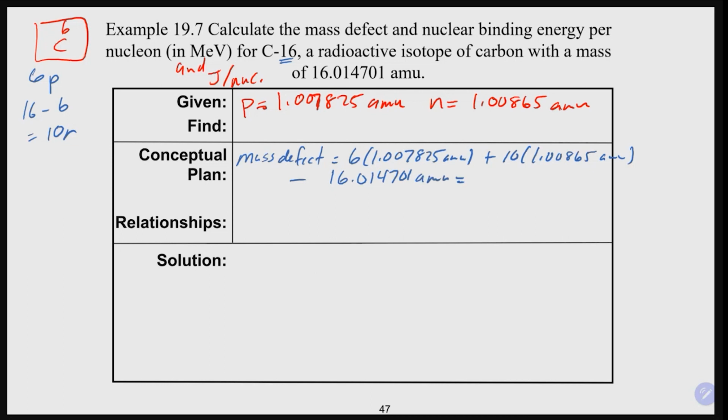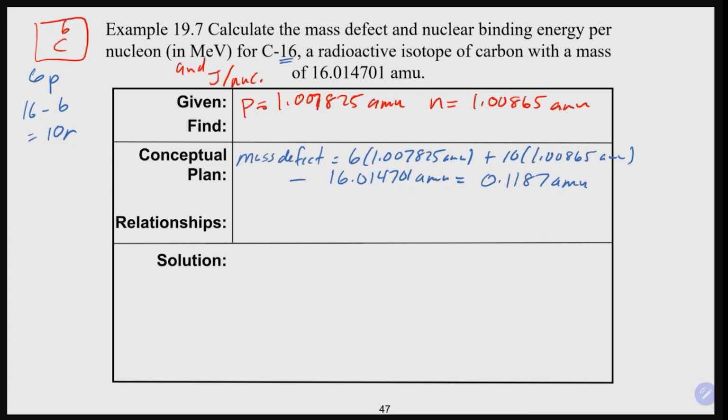All right, so if we do all that correctly here, we end up with a mass defect of 0.1187. Again, this is going to be converted into energy.